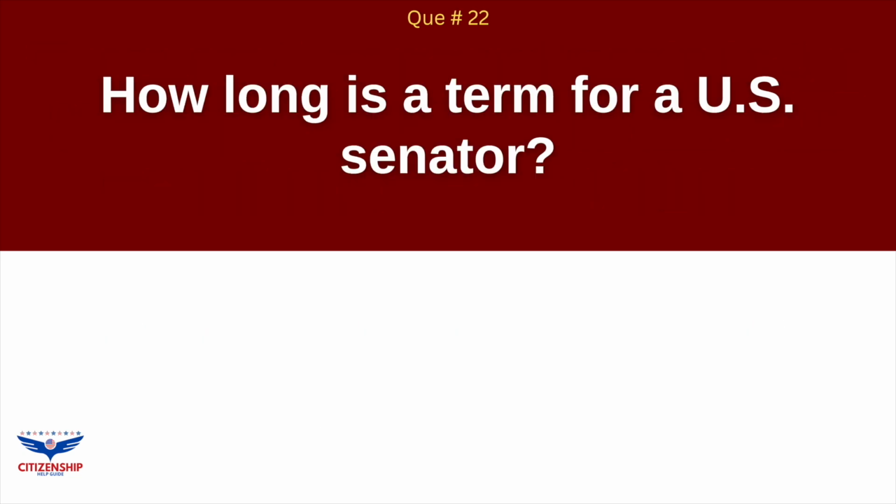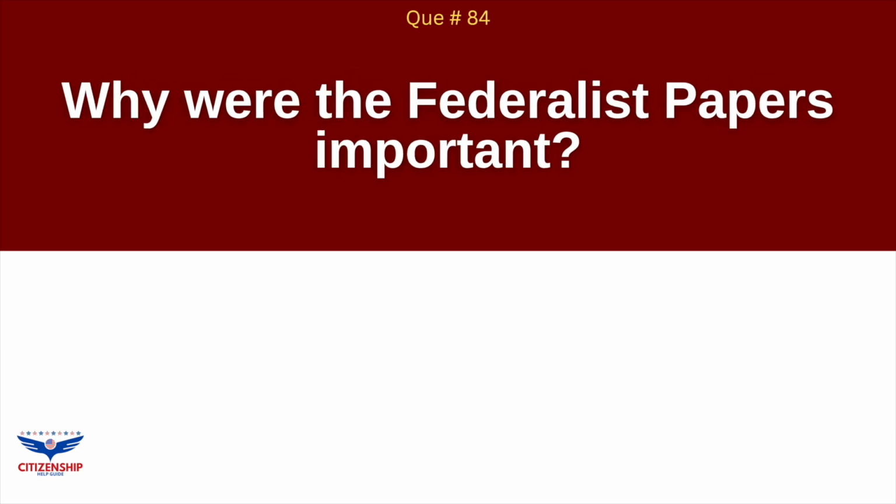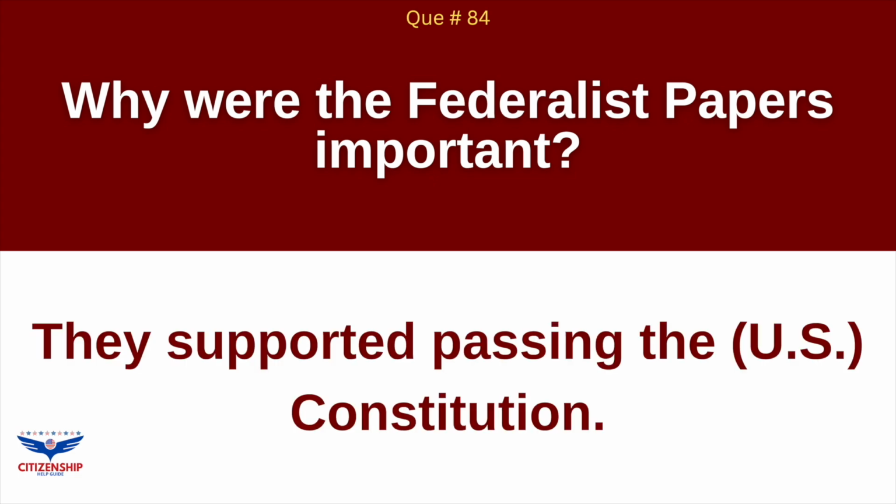How long is a term for a U.S. senator? Six years. Why were the Federalist Papers important? They supported passing the U.S. Constitution.